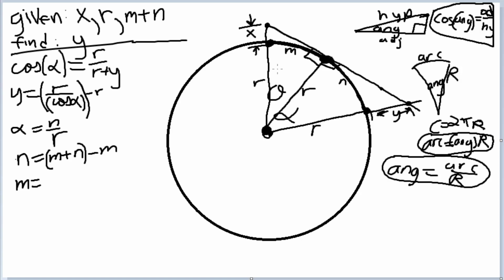Well, m is equal to what? We use this rule here. Arc equals angle times radius. So m equals theta times r. But we don't know theta.